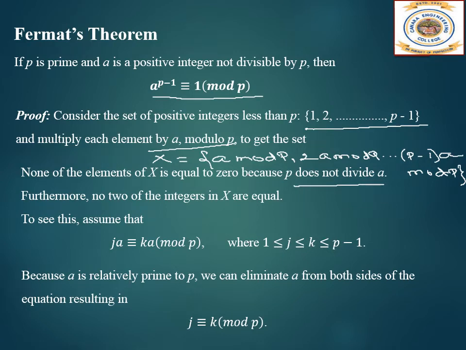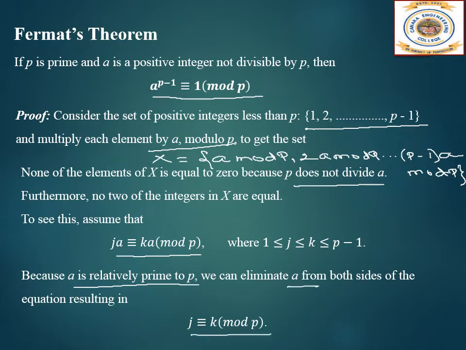Furthermore, no two of the integers in X are equal. To see this, we assume that ja is congruent to ka mod p, where j is greater than or equal to 1 and k is greater than j, which is less than or equal to p minus 1. Now because a is relatively prime to p, we can eliminate a from both sides.